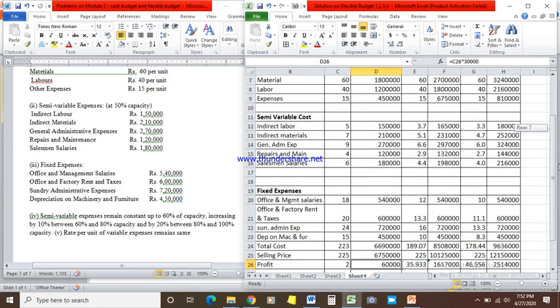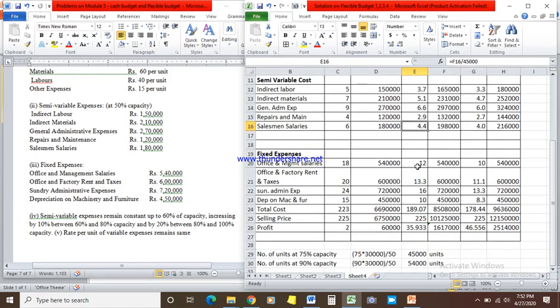The interesting part is, no doubt the semi-variable cost is going to increase, but the cost per unit is going to come down. Point number 1. Point number 2, the fixed expenses per unit also are going to reduce, and accordingly, even if we keep the same selling price, if the volume is increased, then obviously the profit is going to be more.